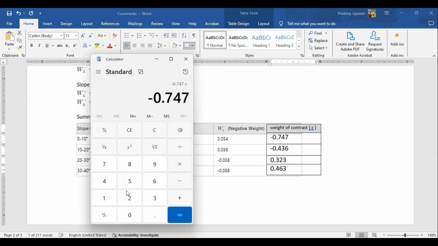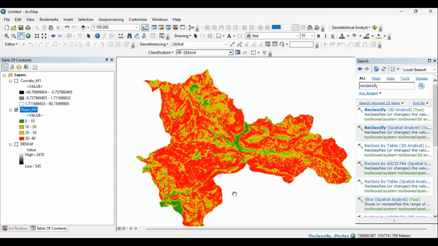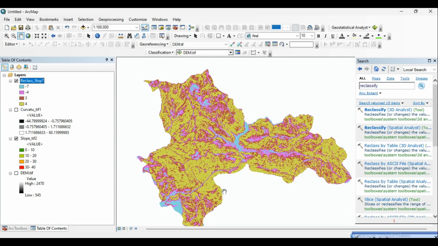This value is multiplied by 1000, and use this 100th position value, minus 7. We neglect the unit in the 10th position. Okay, use minus 7 here and minus 4, 3 and 4. Okay, use the default storage position.